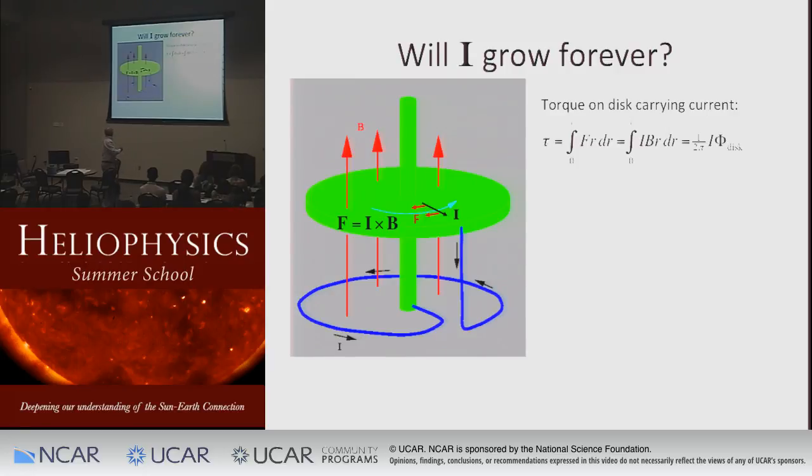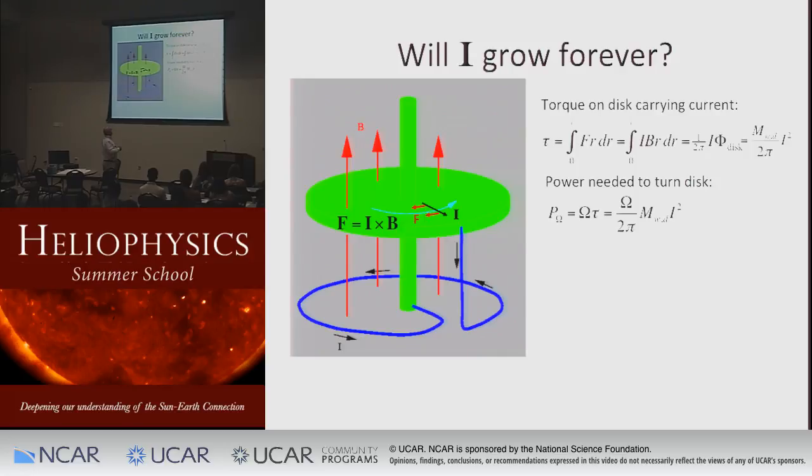Okay? Actually, if I'm turning, the thing to work with is not the force, but the torque. F cross R, blah, blah, blah. You go through, you find out the torque is current times, again, the flux, which, if I use the mutual inductance, the torque is basically some constant times I squared. Just as we suspected, as this thing grows exponentially, the torque I need to fight is growing at an exponential that goes twice as fast.